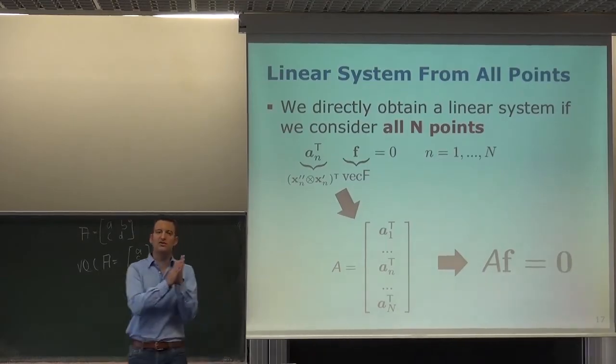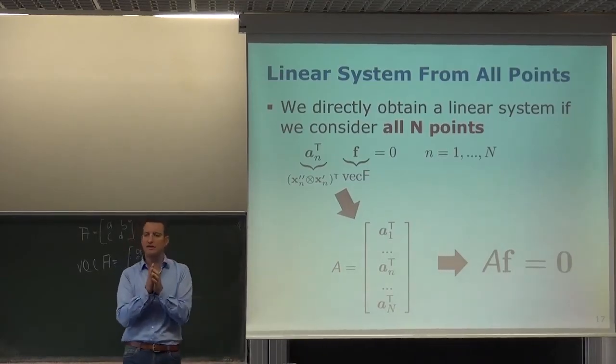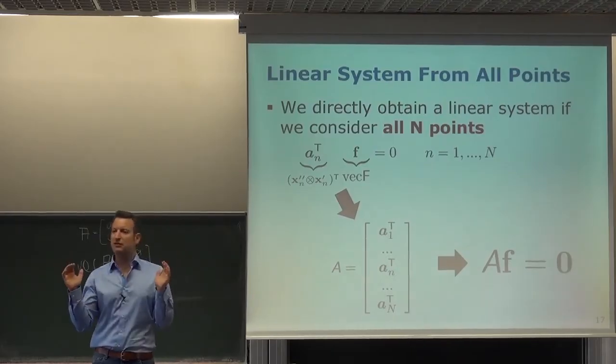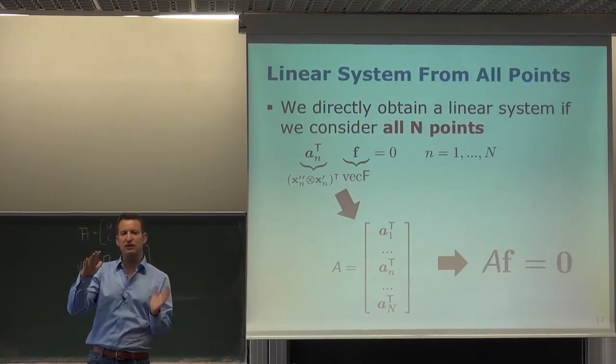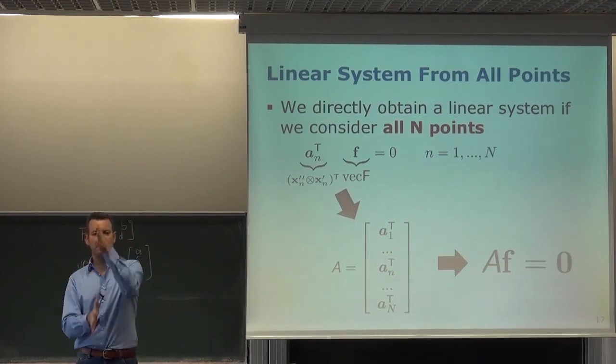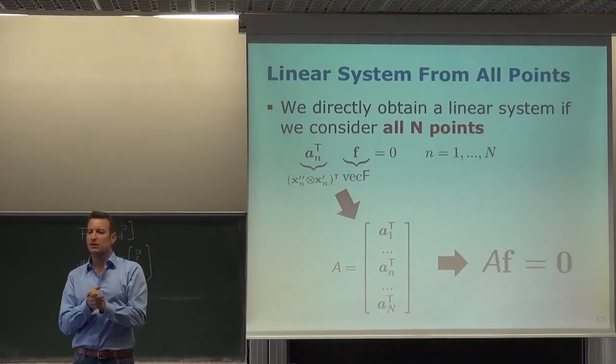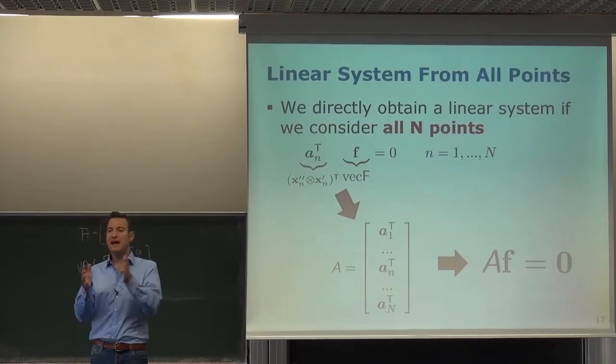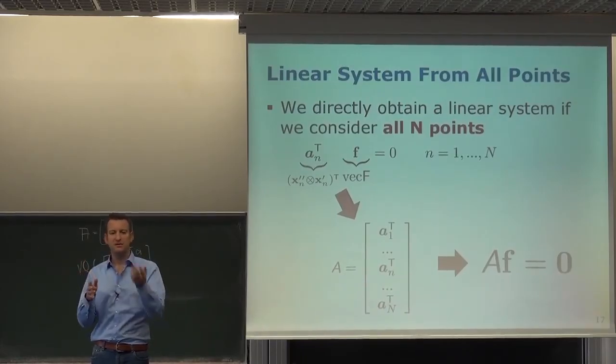So just to summarize this, because it's actually not very difficult. The only thing we have done is we have taken our matrix, the matrix consisting of unknowns, and turned that matrix into a vector just by stacking the elements on top of each other. Then I defined this new vector a, so that if I multiply a with this vector f, I obtain exactly the same elements I would obtain from the matrix-vector product in the coplanarity constraint.